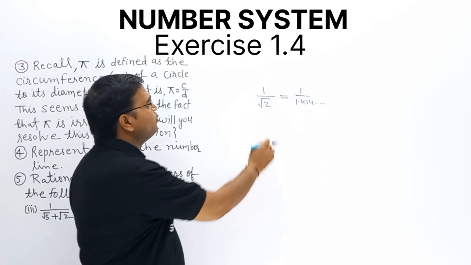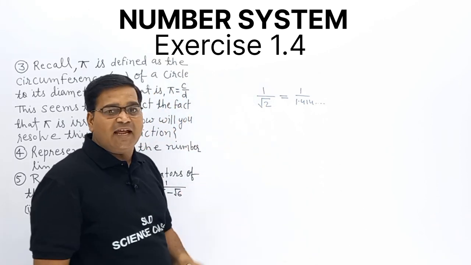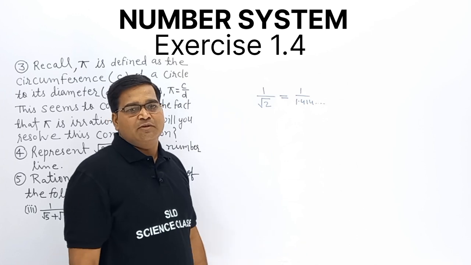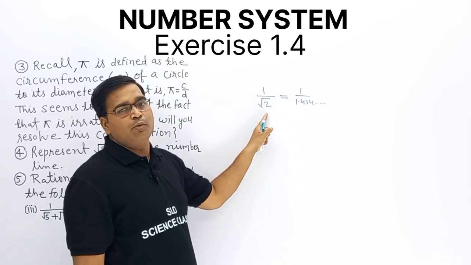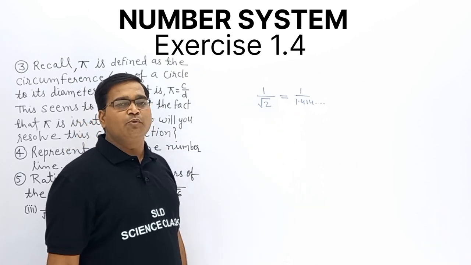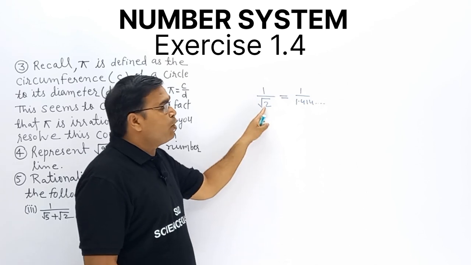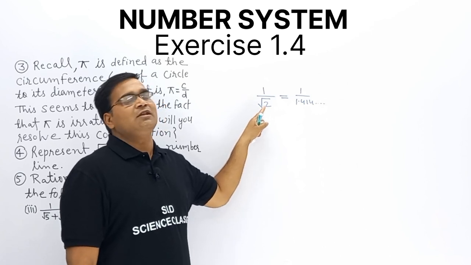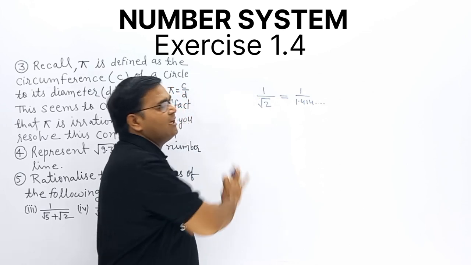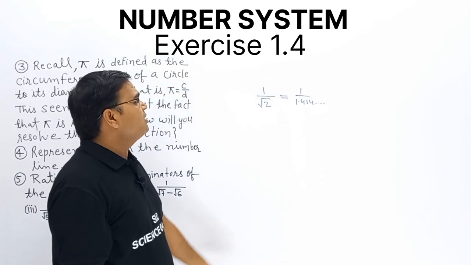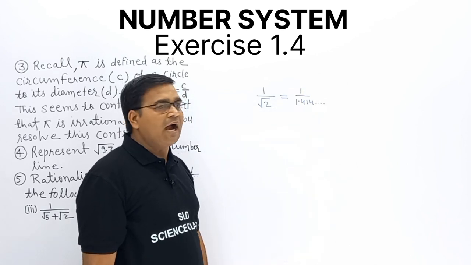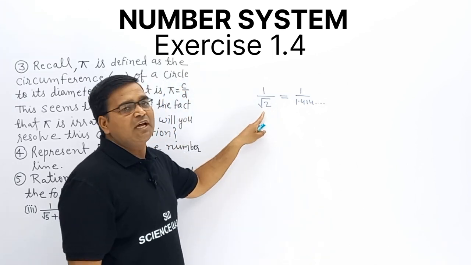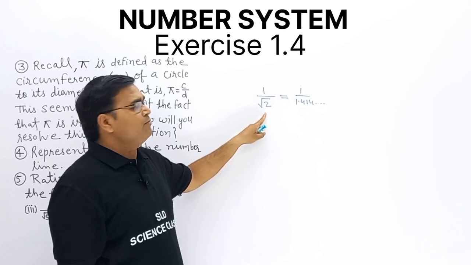In rationalization, if we have a square root term, a radical term in the denominator, we want to remove that term from the denominator and convert the denominator into a whole number. So we rationalize, to remove this root term from the denominator. Why? Because this division is hard, we cannot do it easily. But once we remove this square root term from the denominator, then we can do it easily.